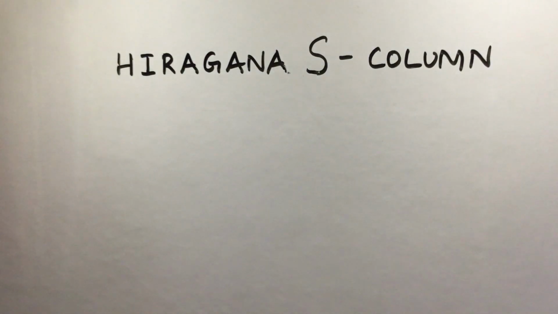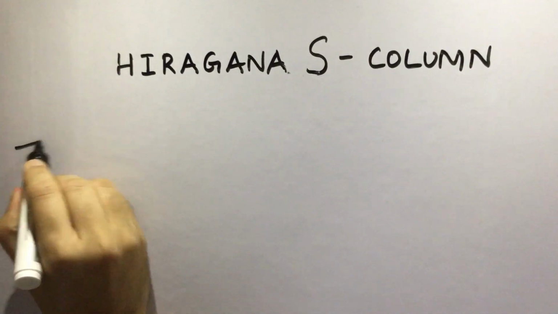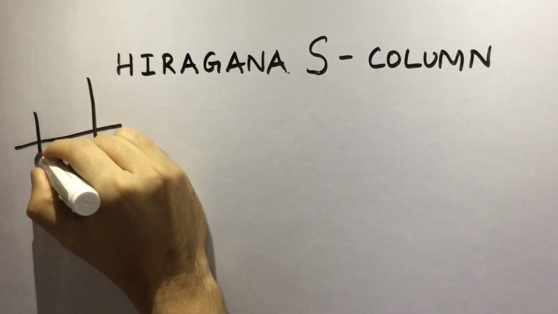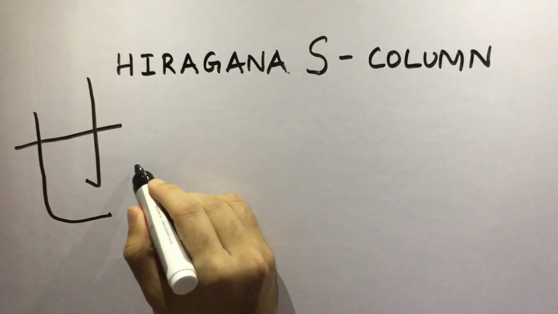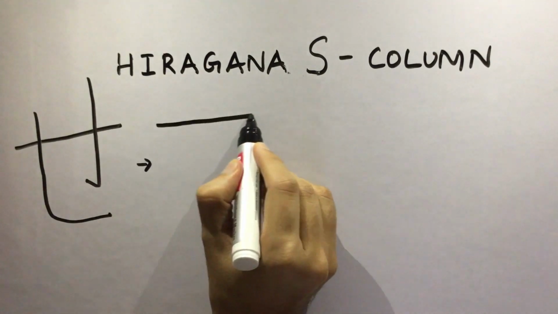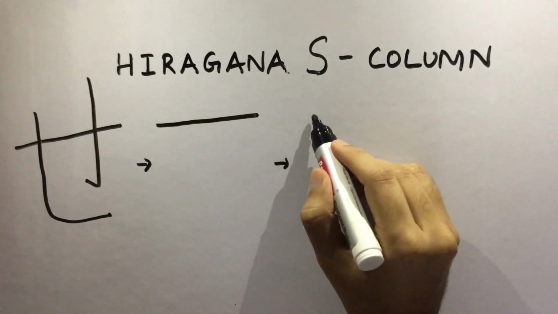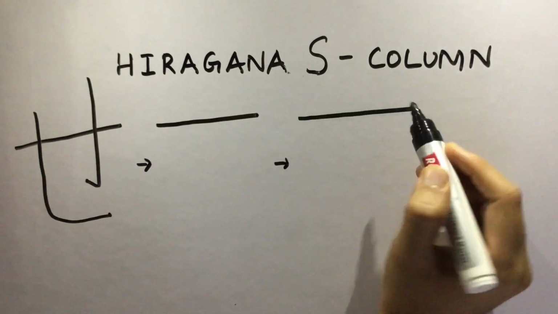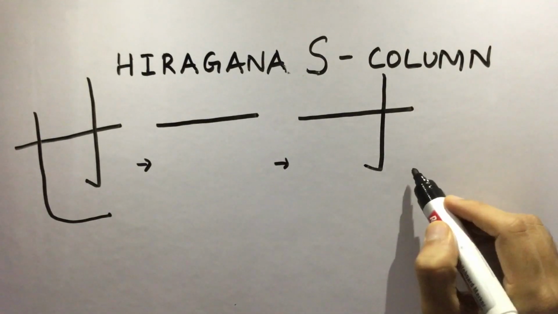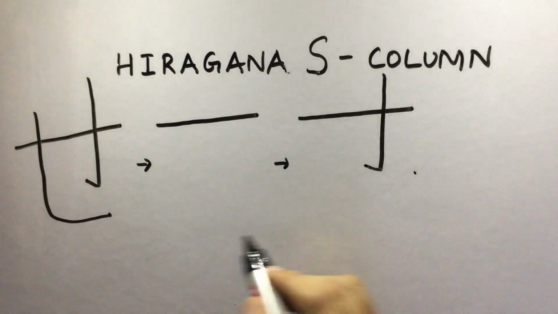Next character is se. It has 3 strokes. Here's the stroke order. The first stroke to the upper right. Here's the second stroke, from top to the bottom and you leap it inside. Let me write the third stroke here.